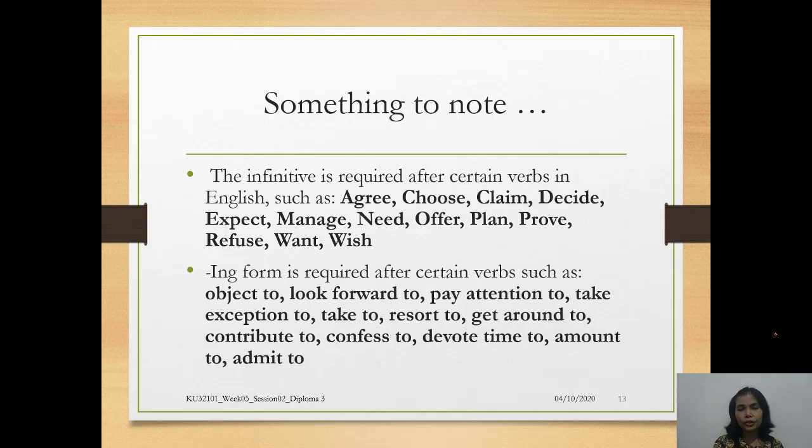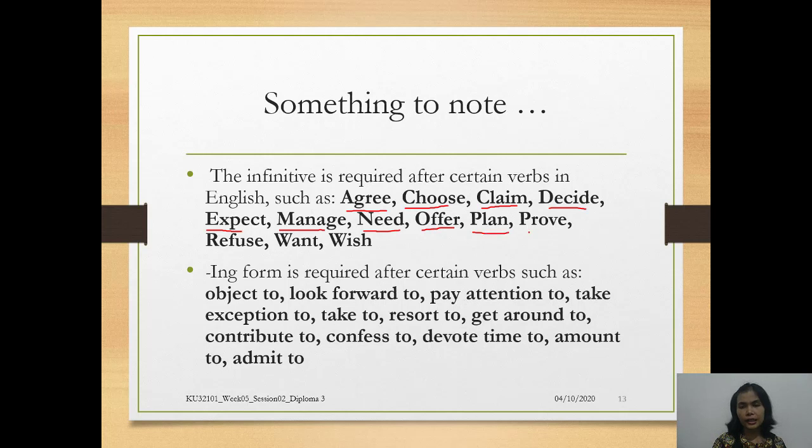Now, something to note over here, the infinitive is required after certain verbs in English, such as agree, choose, claim, decide, expect, manage, need, offer, plan, prove, refuse, want, wish. So what does it mean by infinitive is required?